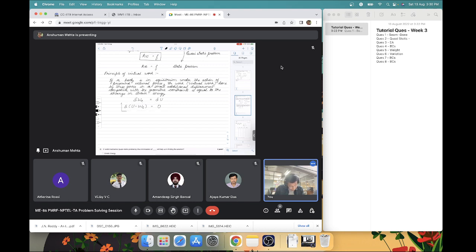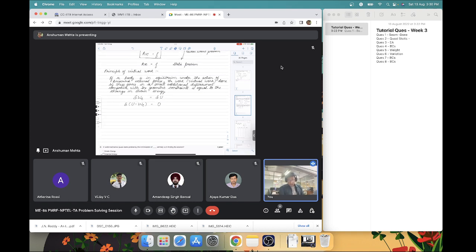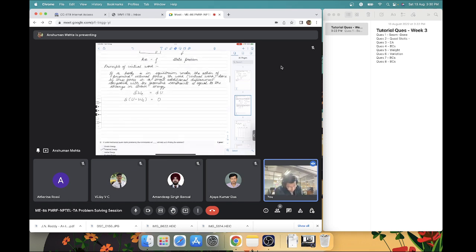Okay, so this is the principle of minimum potential energy, whose statement is: among all deformations or deformation configurations.